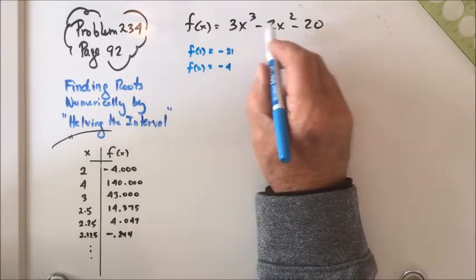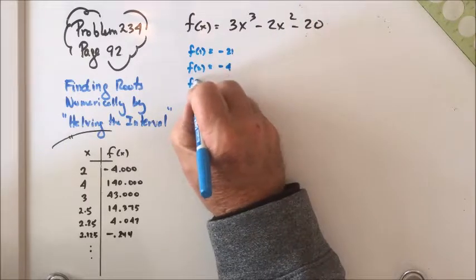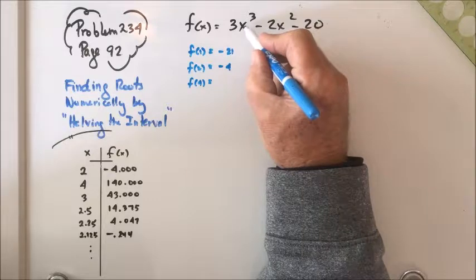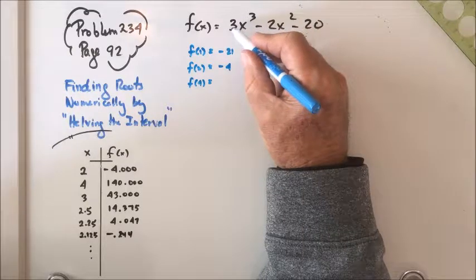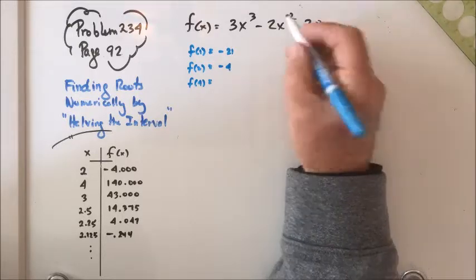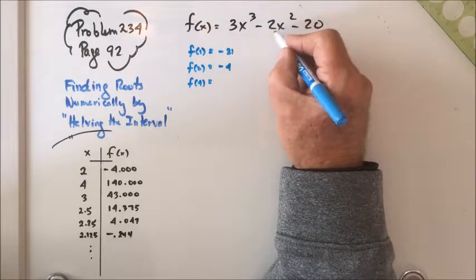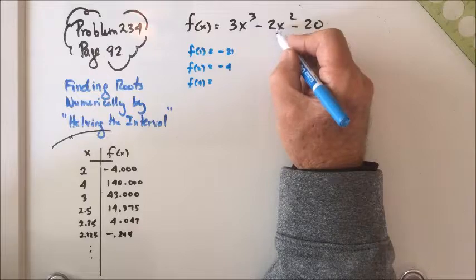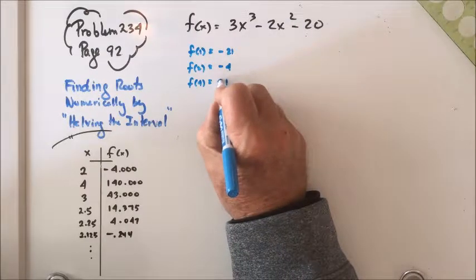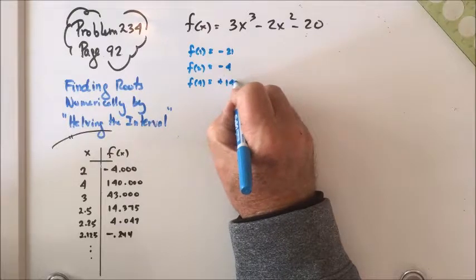So the next candidate here is 4. And let's see if we can figure out what f of 4 is. 4 cubed is 64 times 3 is 192, minus 20 is 172. Minus, this is 32, what I say, 170, so I think it's minus 140. It's plus 140.